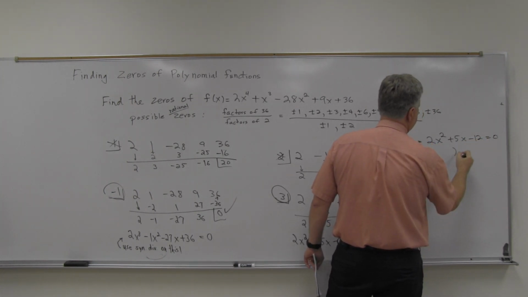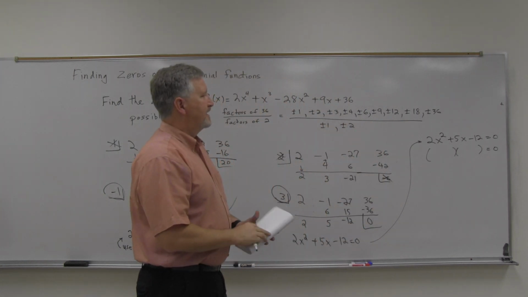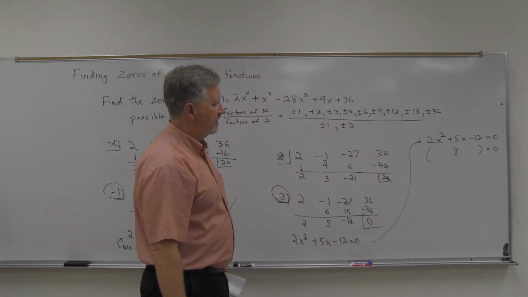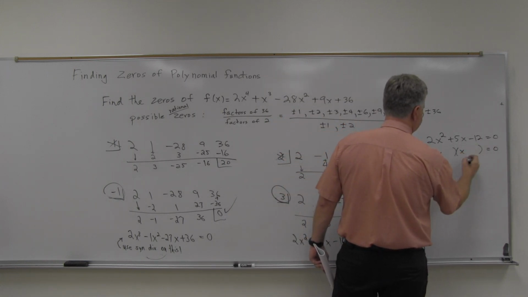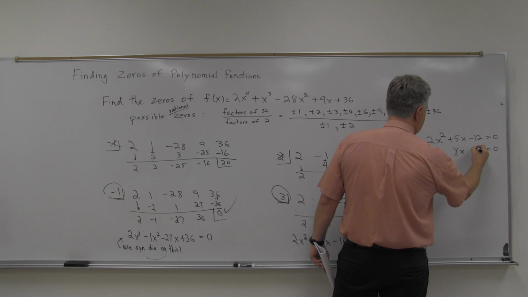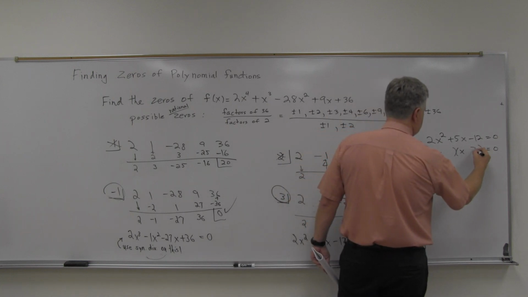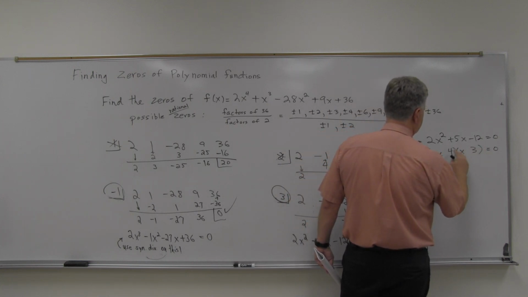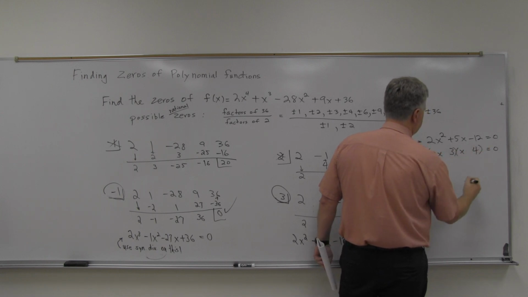And I believe these do typically factor. I mean, maybe they won't, but otherwise we use the quadratic formula. So it'll be 2x and x, 3 and 4, 6 and 2. I think it's reinforcement. 3 and 4. Oh, 4 here and 3 there. Yeah, okay.